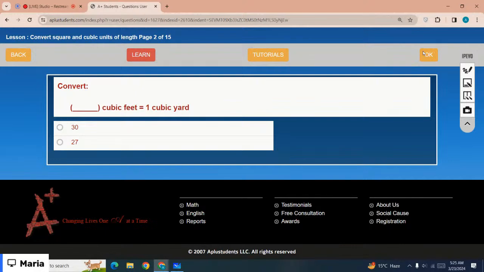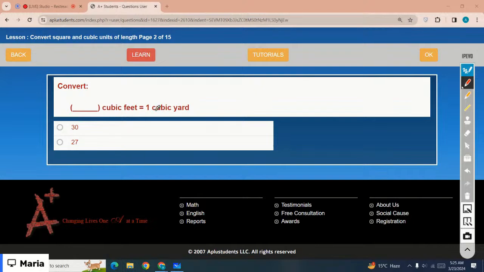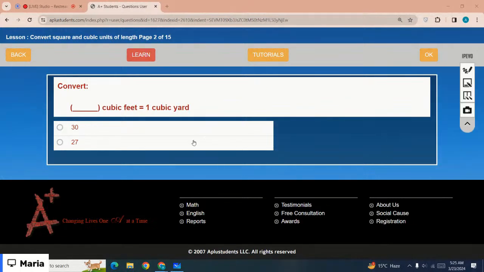So 1 yard equals 3 feet, right? Because that is cubic, you have to do 3 feet times 3 feet times 3 feet, right? 3 times 3 is 9, and 9 times 3 is 27 cubic feet. The correct option is 27 cubic feet. Option number 2 is the correct option, that is 27 cubic feet.